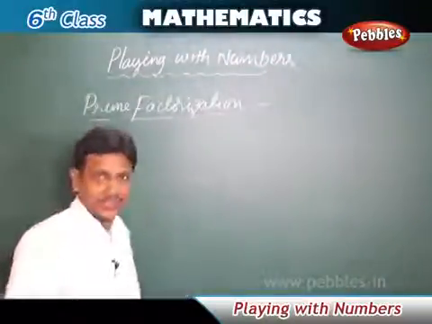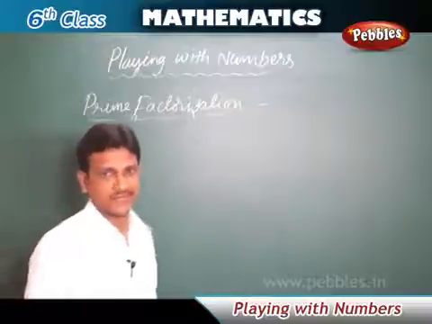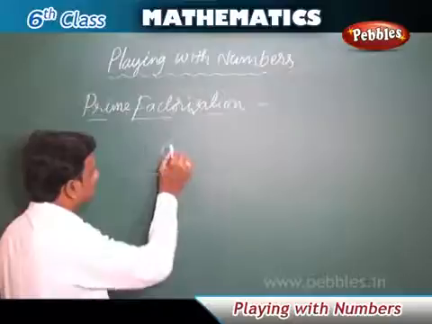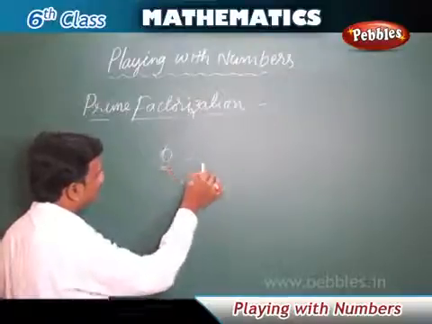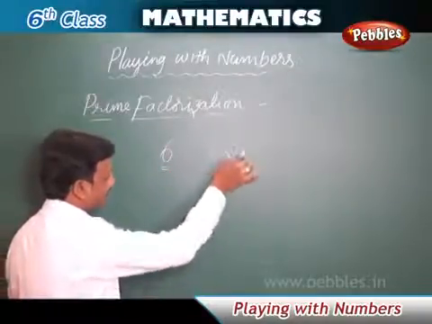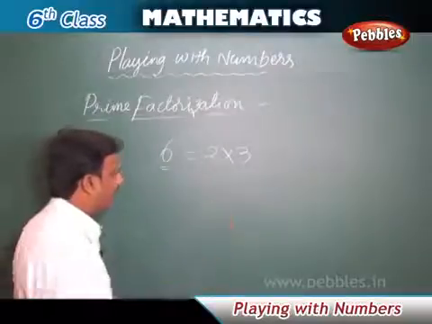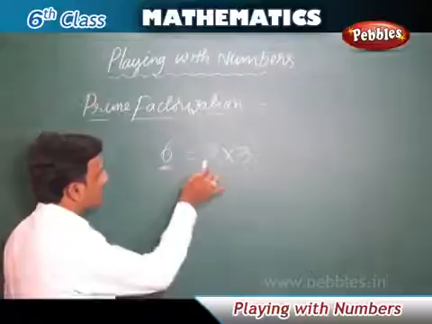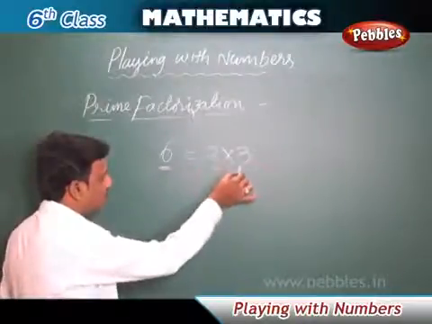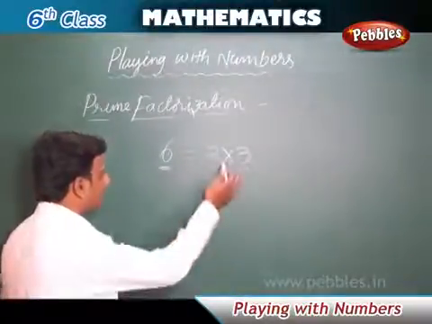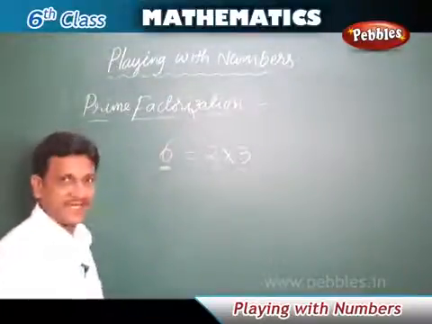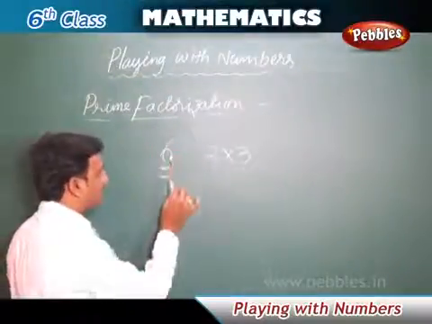Prime factorization. What is prime factorization? Let us see what factorization is at first. Say for example, we have the number 6 here. If you write the number 6 as a product of 2 and 3, 2 into 3 is 6. Now we have expressed this number as a product of its factors 2 and 3. So writing the factors, or expressing a number as a product of its factors, is called factorization.